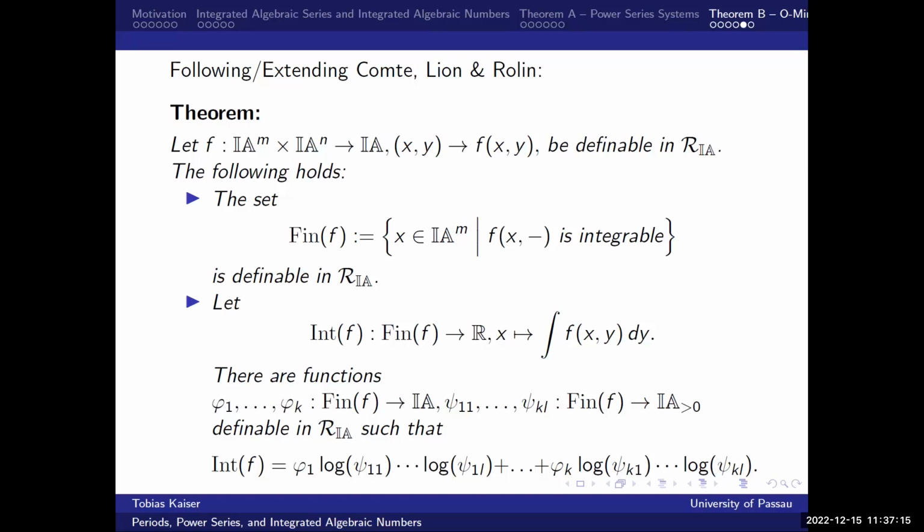And for this, I really need an analysis system. For a Weierstrass system, at least I do not know how it works. So to understand integration here, one only has to add the logarithm. This was the nice result by Comte, Lion, Rolin, and here we can achieve the same.